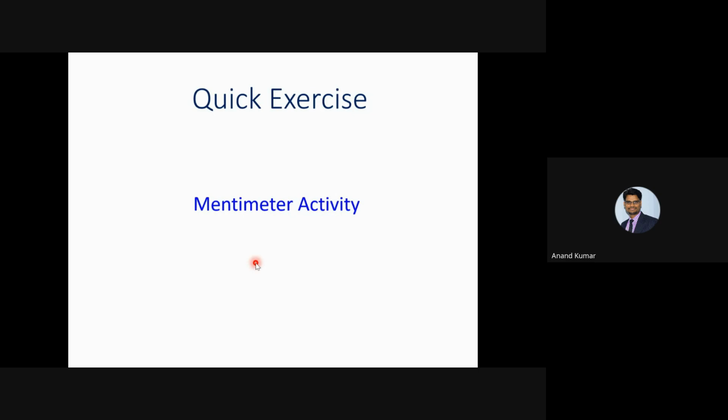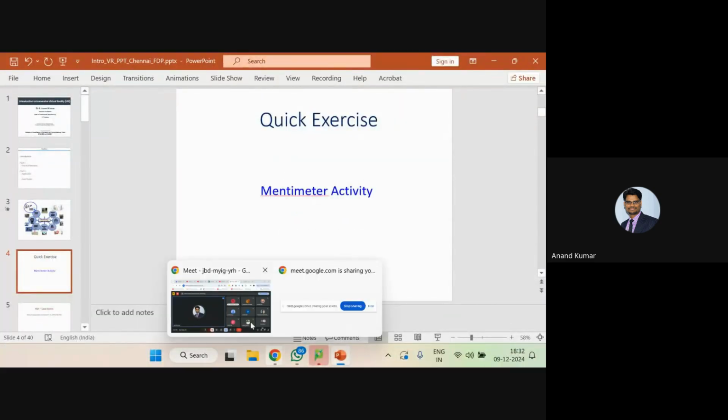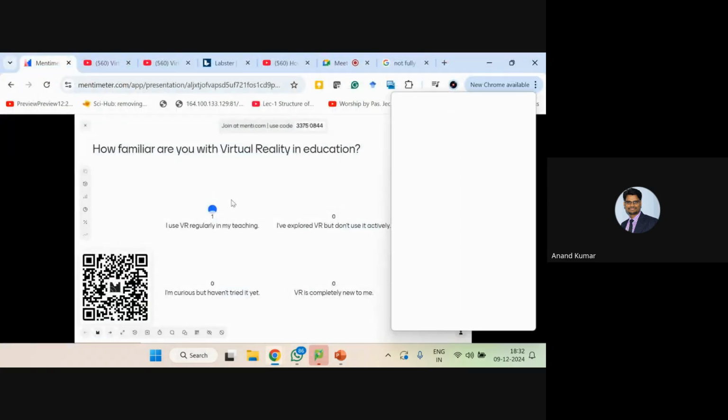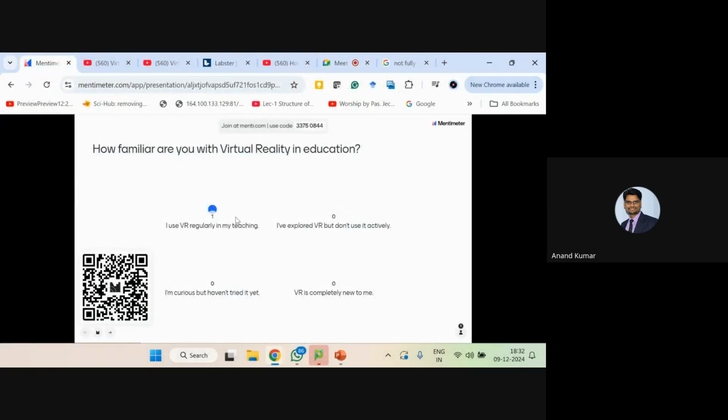All right, so what I've planned is, I want the participants to cooperate with me in this activity, which is a quick exercise, trying to understand how much awareness on this particular VR all of you have. So I request the participants to quickly scan this QR code and give your responses, and then let us see how many of you are familiar with virtual reality in education as an application domain.